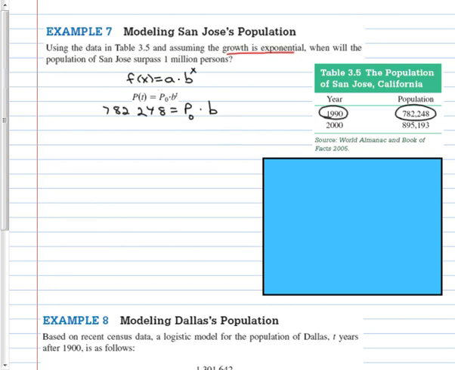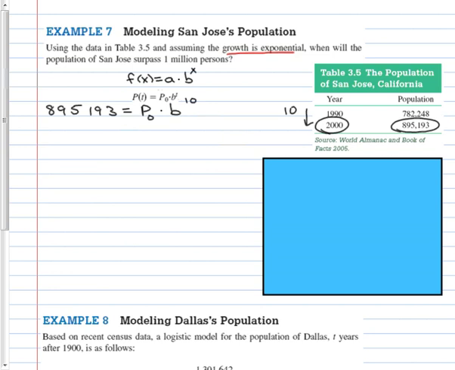I did that one wrong. In the year 2000, 10 years after 1990, I have this population. So let me start that again. 895,193 must equal, I don't know the population at time 0, I don't know my base, but I do know 10 years have gone by.